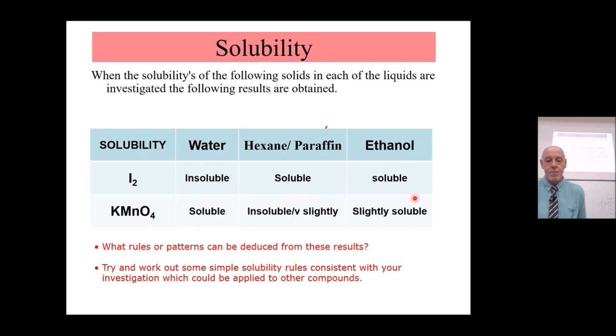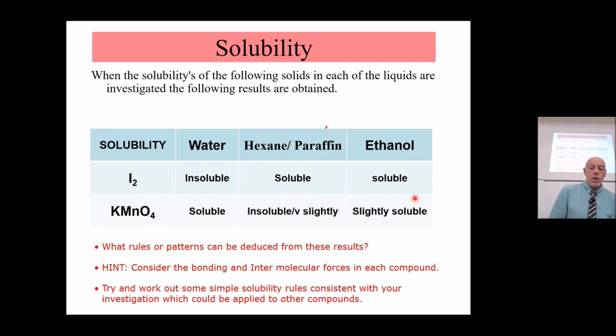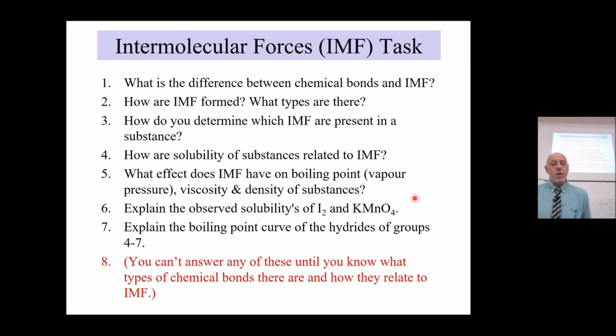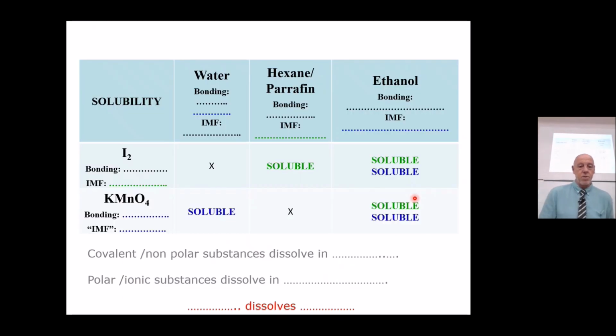So let's go and have a look why. All right. So now I'm not going to make you do that task because I'm actually going to teach you this stuff. So this slide here, we're going to come back to it. Okay, we're going to come back to it. So you can leave those. Well, you can put a few things in here.